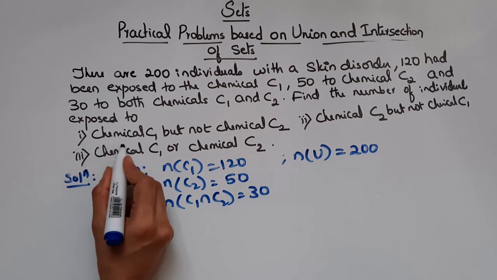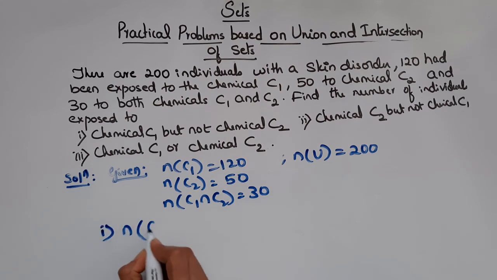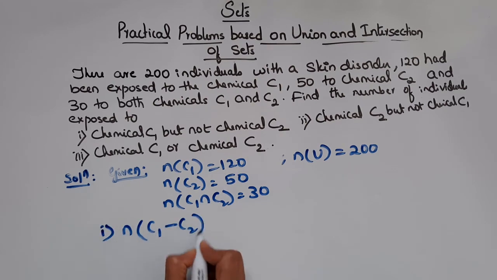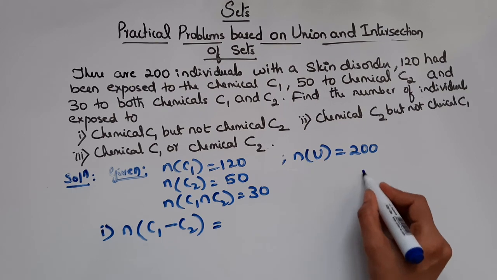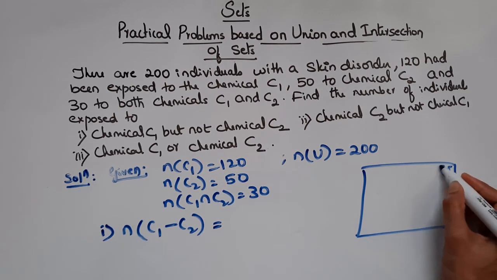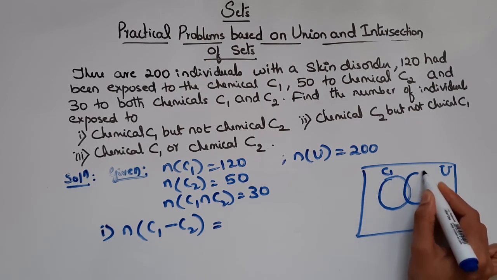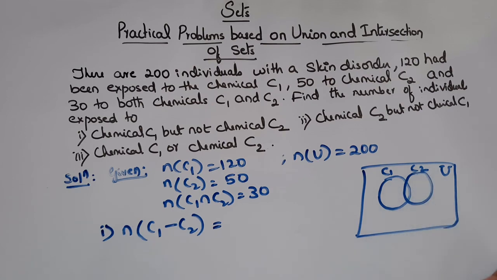Here we have to find chemical C1 but not C2, which means we have to find N of C1 minus C2. Chemical C1 but not C2. What is this? Let's see in the Venn diagram. So this is U. We have people who are exposed to chemical C1 and these are the people who are exposed to chemical C2.